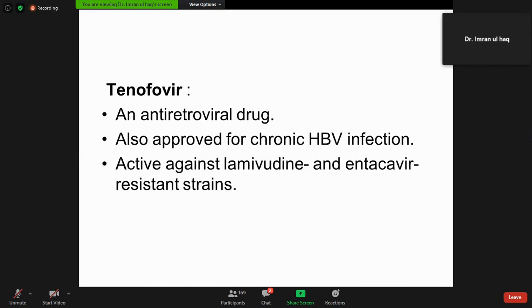Tenofovir, that is basically an antiretroviral drug and also approved for chronic hepatitis B viral infection, active against lamivudine and adefovir resistant strains. So that means this is another new drug that can be used in the treatment of hepatitis B viral infection, right?